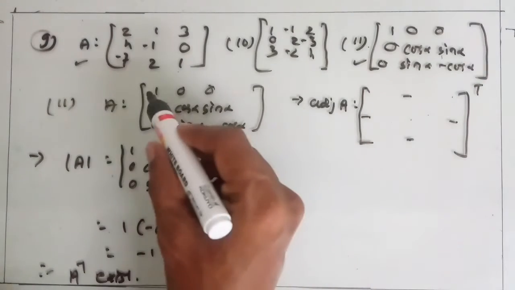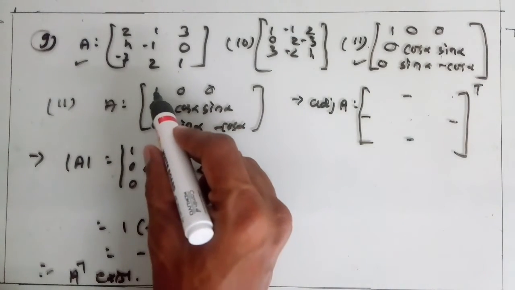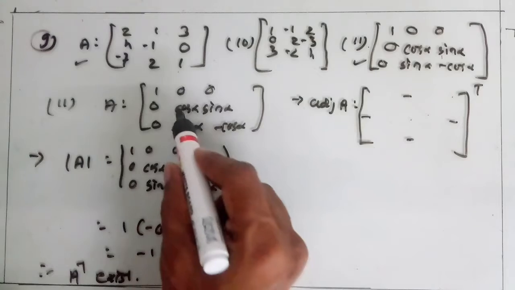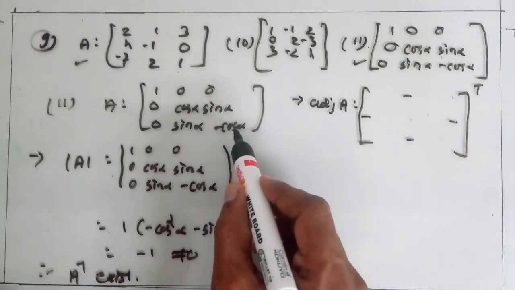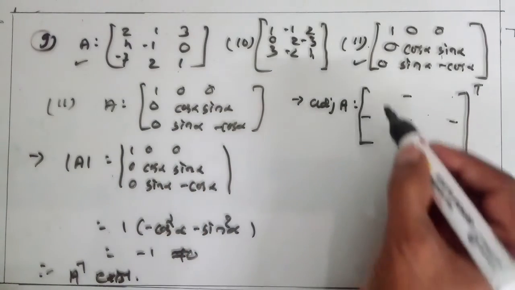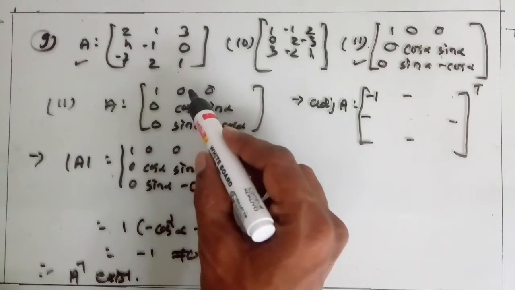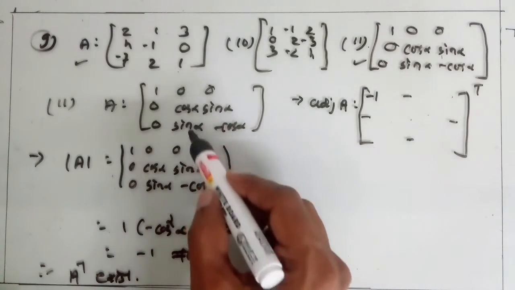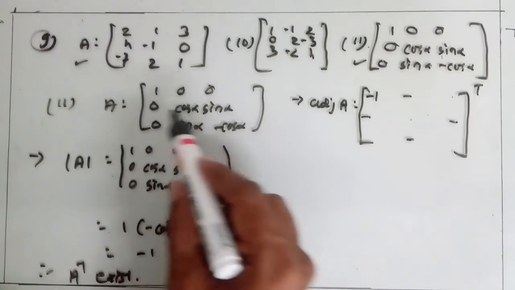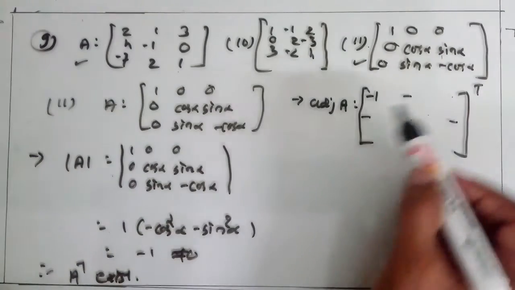Now write the minor of each element. Minor of 1 is the product of these two, minus cos square alpha minus sin square alpha, which becomes minus 1. Similarly, minor of 0: remove this column and row, 0 into this becomes 0.